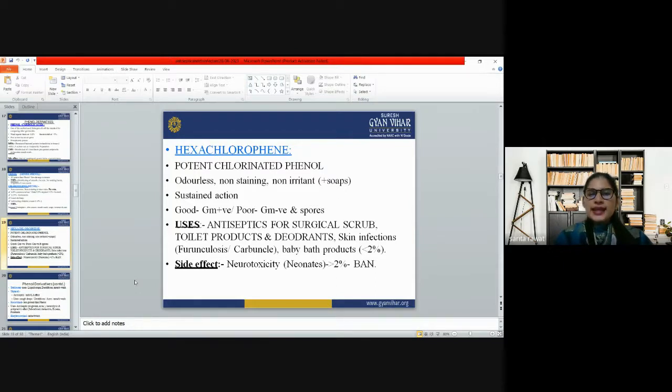It is used as an antiseptic for surgical scrubs, toilet products, deodorants, and skin infections. For baby bath products, it is used at less than 2%, and the side effect of hexachlorophene is that it can cause neurotoxicity in neonates when used in more than 2% quantity.